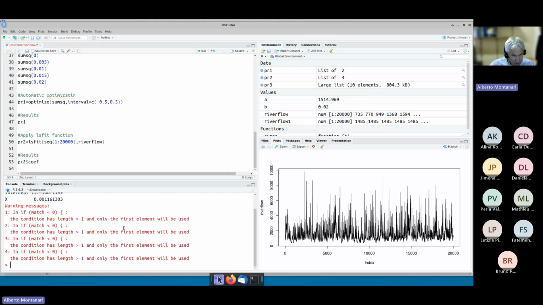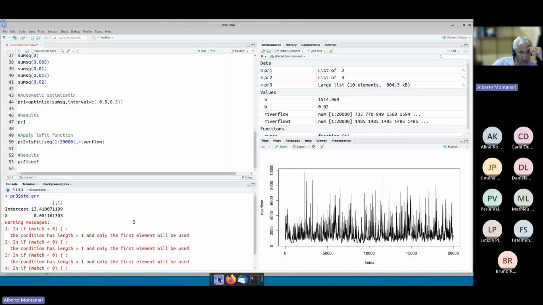I don't understand this warning, but let's ignore it for now. This is the standard error of the slope, and the standard error is 0.001. So the standard error means that if you want to get the range of the estimated slope, you have to compute the estimated slope plus minus the standard error.